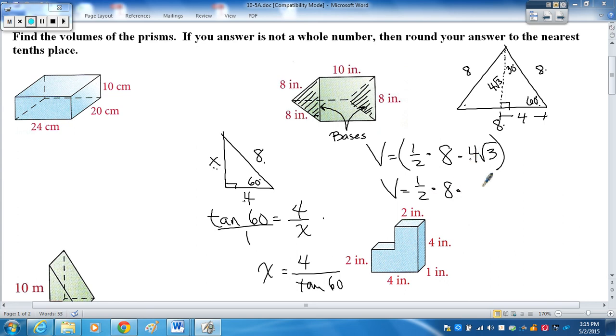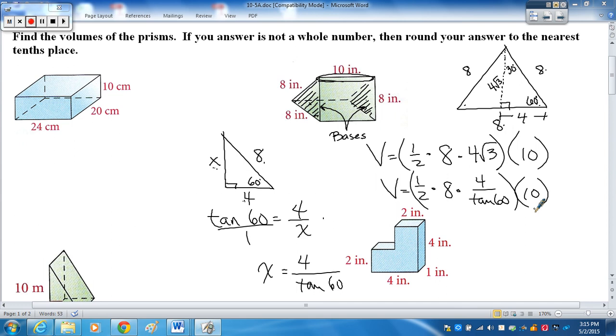So instead of using 4 radical 3, 4 divided by the tangent of 60, okay? And then from there, multiply by the height of the figure. Now the height of the figure, again, connects the two bases here. So that's this length right here, and that would be 10, okay? So the area of the base, which is this, times the height, or the area of the base, which is the exact same, times the height, okay?